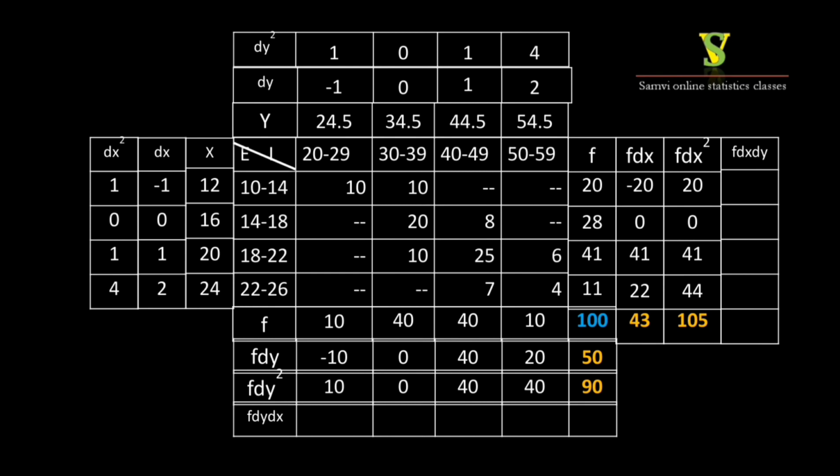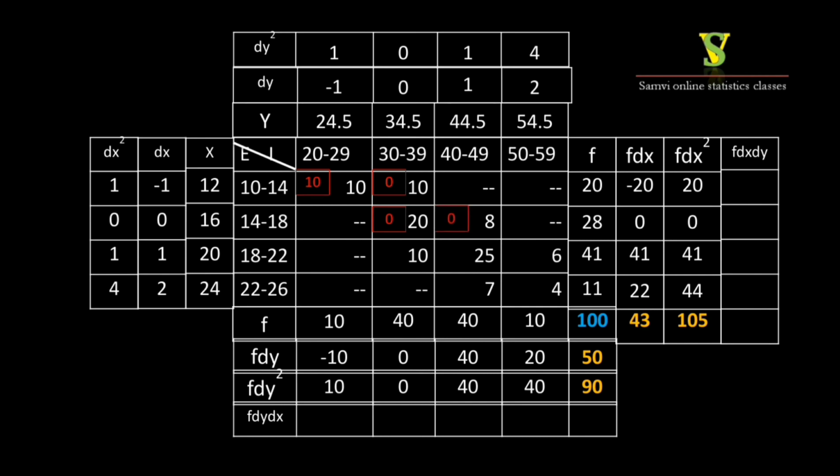So now you have to find out f dx dy. So 10 into minus 1, that is minus 10, into minus 1, that is 10. Then 10 into 0, that is 0. Next it is 20 into 0, that is 0. 0 into 0 is 0. Next cell value is 8 into 0, that is 0. 0 into 1 is 0.